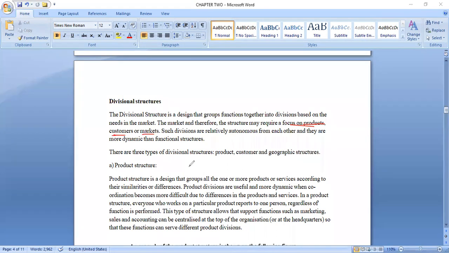So with the divisional structures here, we are forming, for example, departments in the perspective of products.